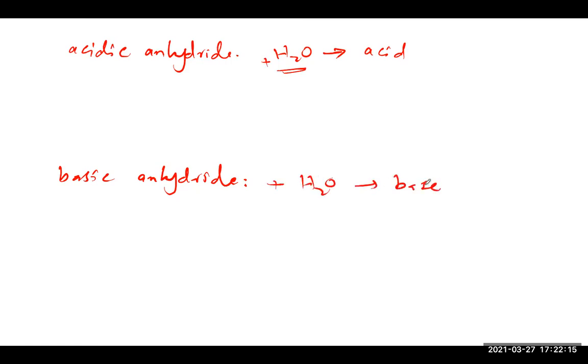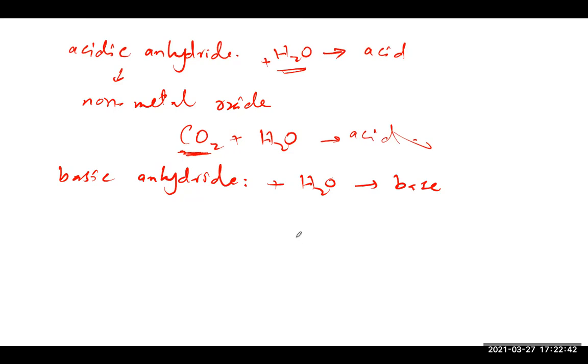So what substances are considered acidic anhydrides and what substances are considered basic anhydrides? Actually, an acidic anhydride is a non-metal oxide, and he will ask about this point. He will ask, if you dissolve CO2 in water, what will you get, an acid or a base? Carbon is a non-metal, so a non-metal oxide dissolved in water will give an acid.